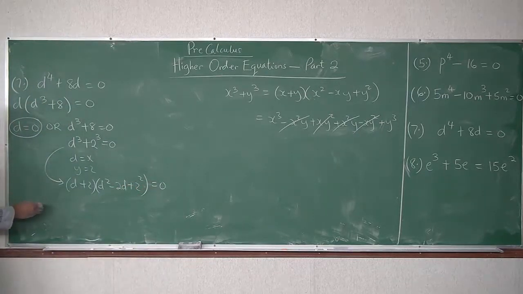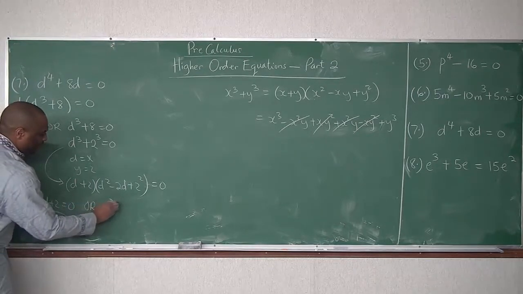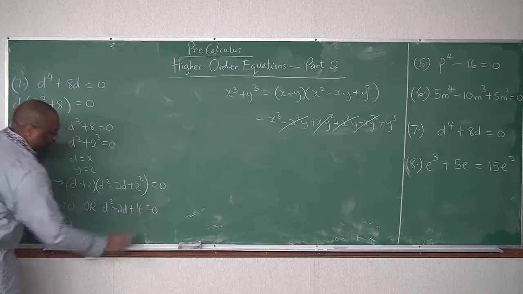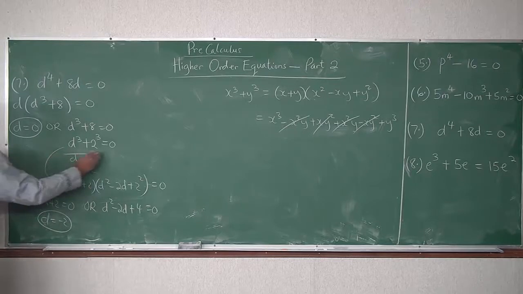So what happens now? d plus 2 is 0, so d is negative 2. We got that. Or d squared minus 2d plus 4 equal to 0. Okay?